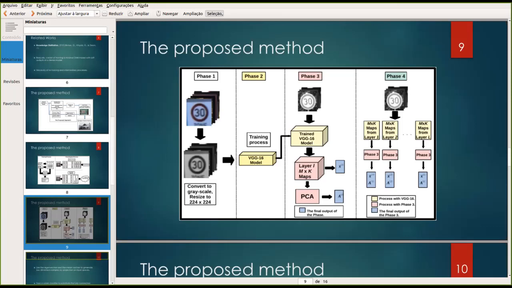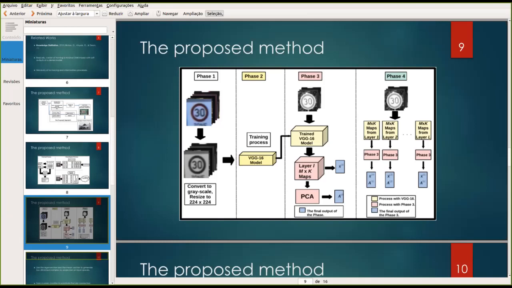After training, in phase three, M images of the training subset are presented to the trained VGG model, and for layer L, M times K maps are generated, and the mean vector X is extracted.